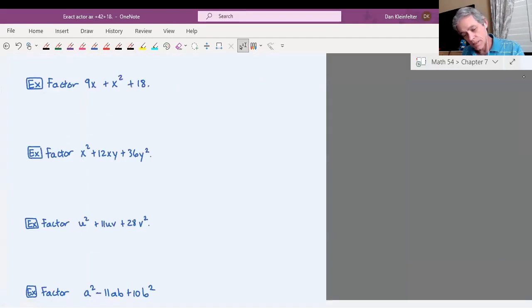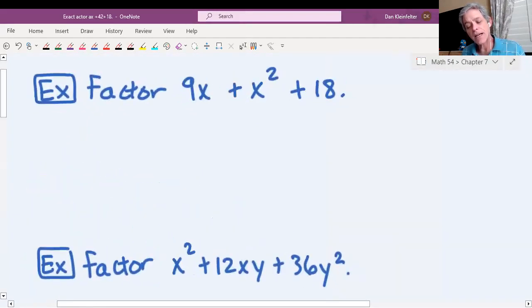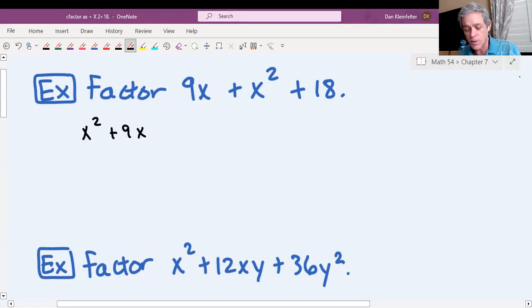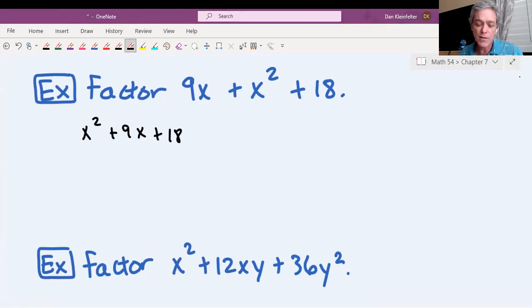Okay. So here we're going to factor 9x plus x squared plus 18. What I would do first is just rewrite this in the format that we're used to, where it's in descending order by degree. We have x squared plus 9x plus 18. Now that's more what I'm used to. So we'll get x squared, that gives us the x's.